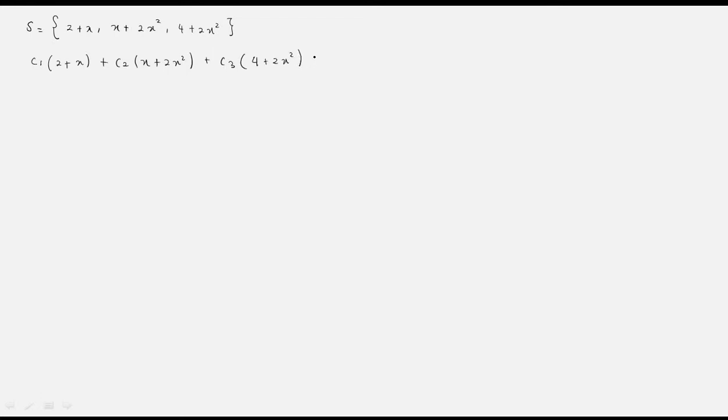And this should equal 0 for constant, 0x and 0x square. For constant, for x and for x square.